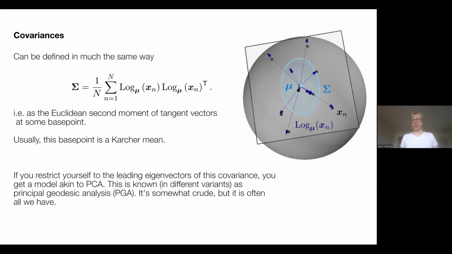To be fair, it's a rather crude approximation because it relies on linearizing the manifold. So it only works well if your data is concentrated around your base point. If it's not, it tends to give you highly distorted statistics. The thing is, this is often all we have, so we have to settle for these types of approximations.